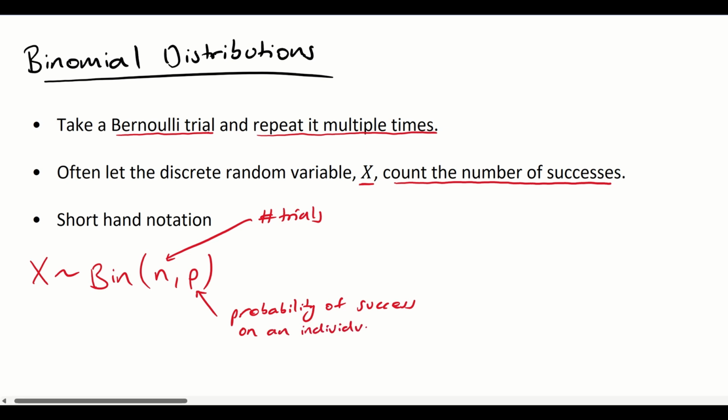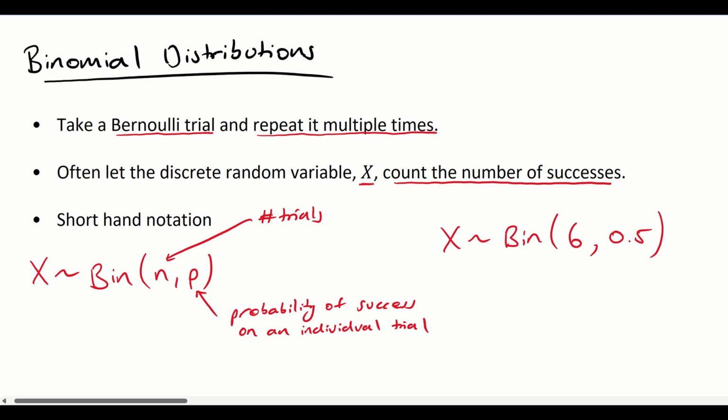So this is going to be the same as your value for p for a Bernoulli distribution. So just looking at a coin, for example, if we flipped a coin 6 times and we counted a tail as a success, then our x would be modeled by a binomial distribution. 6 times we flip that coin, and the probability of success each time is 0.5.